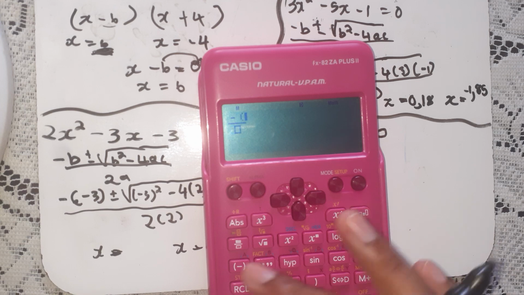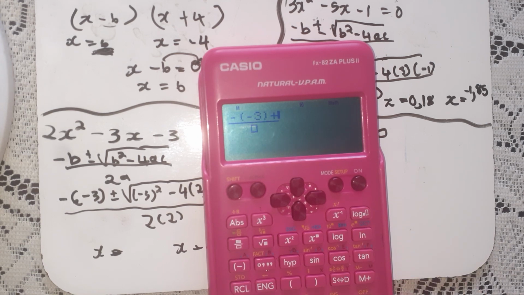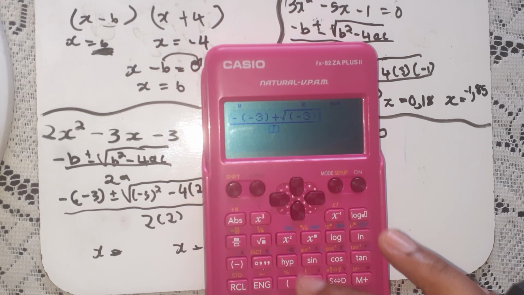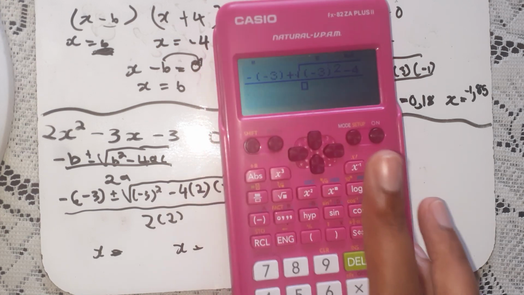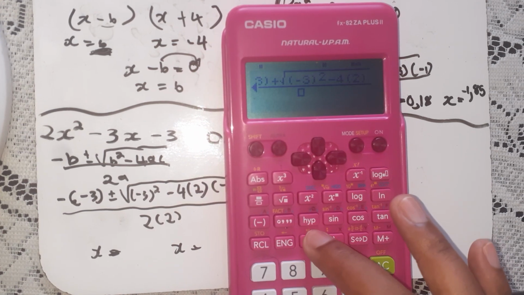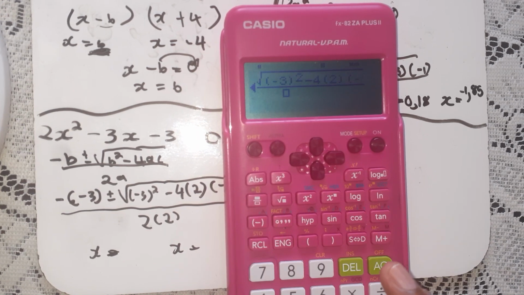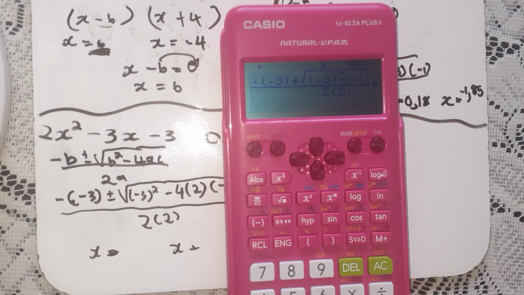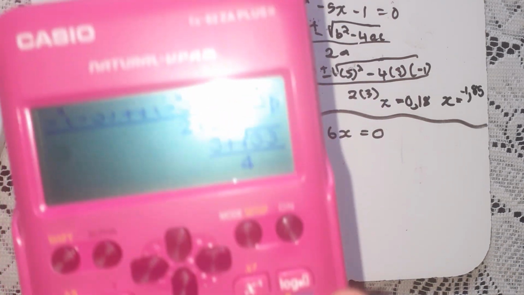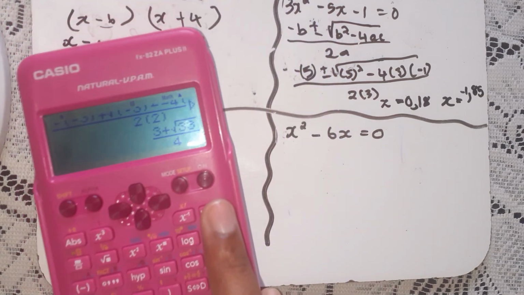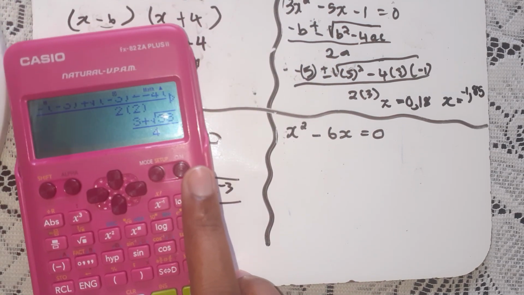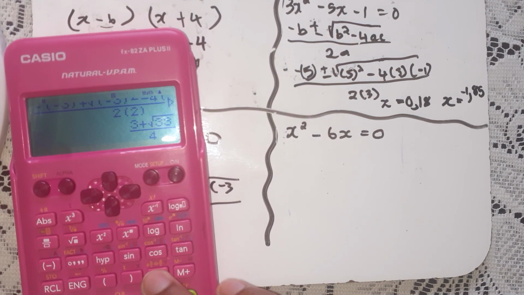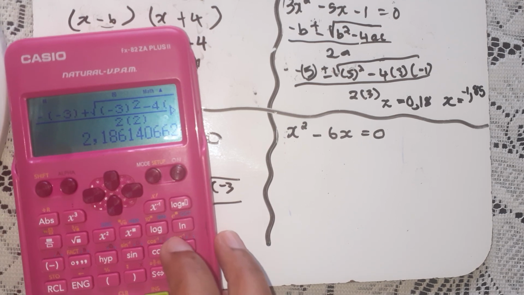That's negative and negative 3 plus negative 3 squared minus 4 into 2 into negative 3, and 2 into 2 at the bottom. You see this light is too bright.